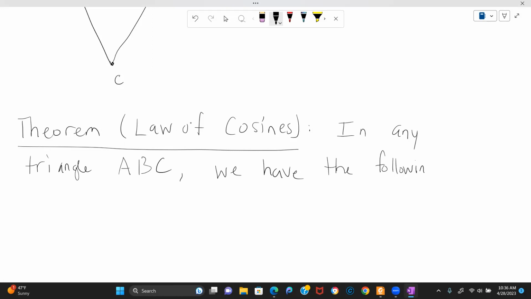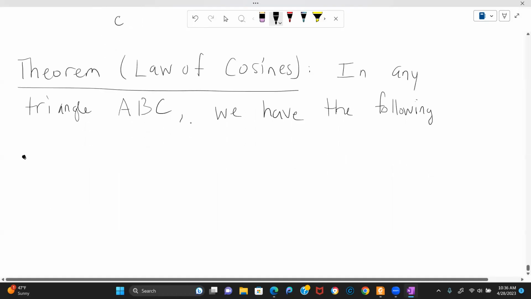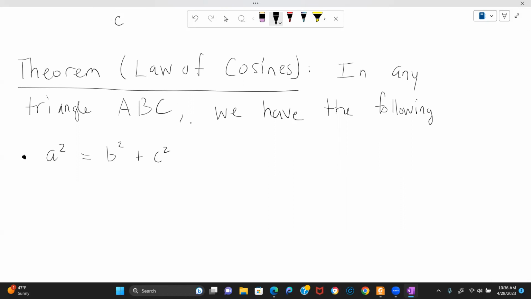The first says that A squared is equal to B squared plus C squared minus 2BC, and maybe I'll put a dot there to distinguish those, times cosine of A. And then we have B squared is equal to A squared plus C squared minus 2AC dot cosine of B.